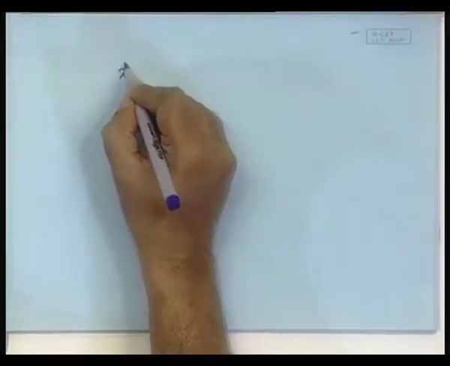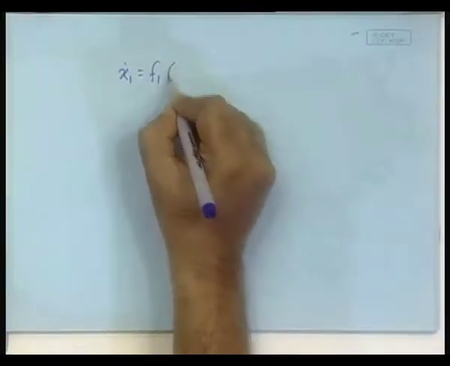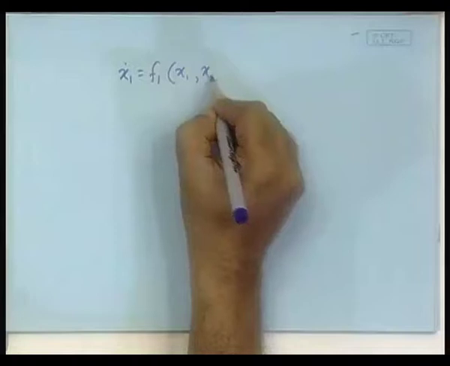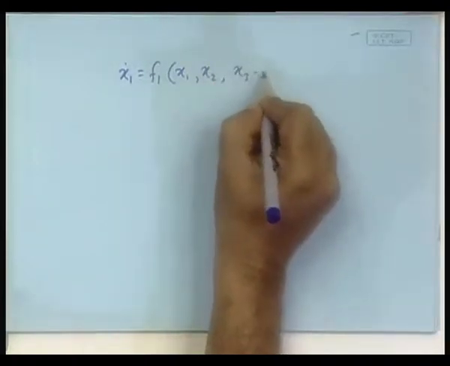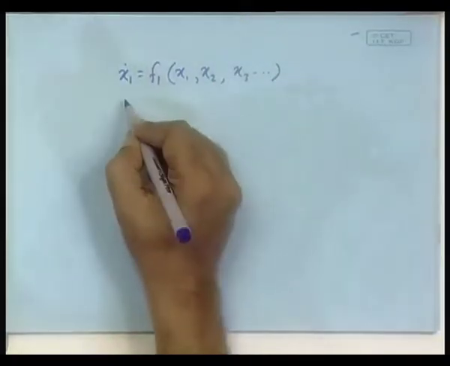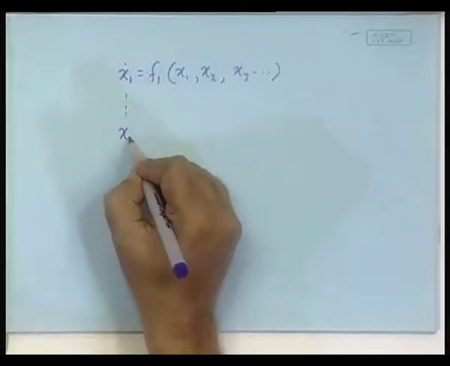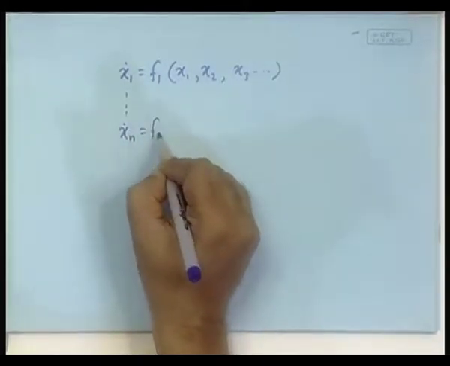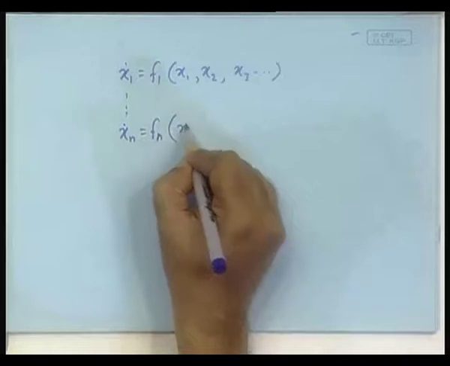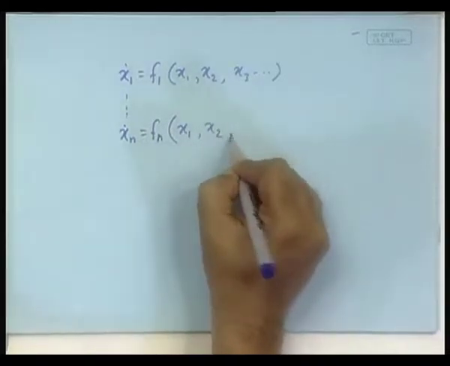Once you know how to do that, we also have to know how to understand differential equations. What I mean is that you have a set of differential equations expressed in this form: x1 dot is equal to some f1(x1, x2, x3, and so on). Similarly, ultimately you have xn dot is equal to some fn(x1, x2, ..., xn).